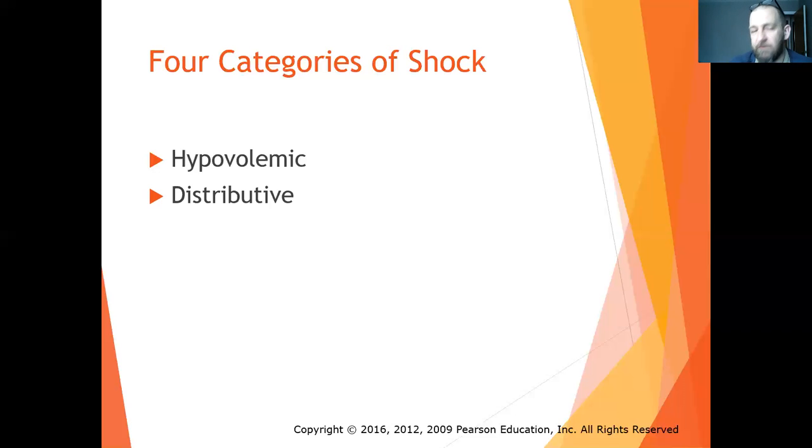So distributive shock is a problem with blood vessels. Mainly what the problem is, they've lost tone, they've gotten too big, pressure drops, and so we have a problem getting the blood around the body, thus having deficits in oxygen and deficits in the ability to remove waste products, okay? So distributive shock has to do with blood vessels.